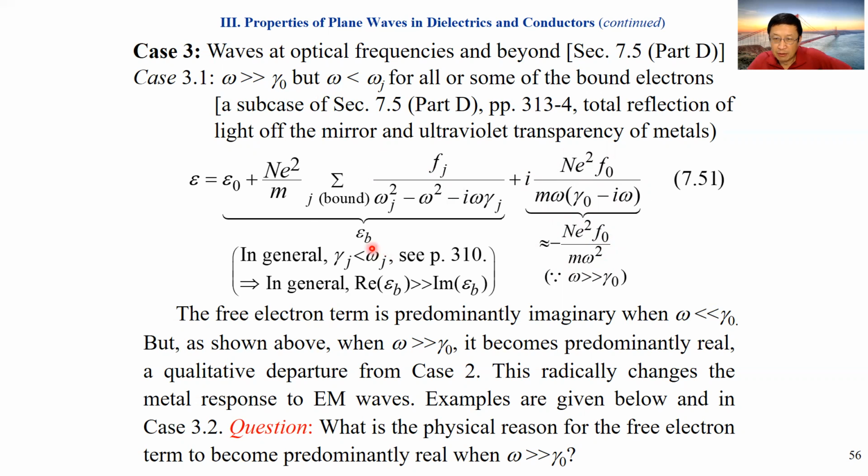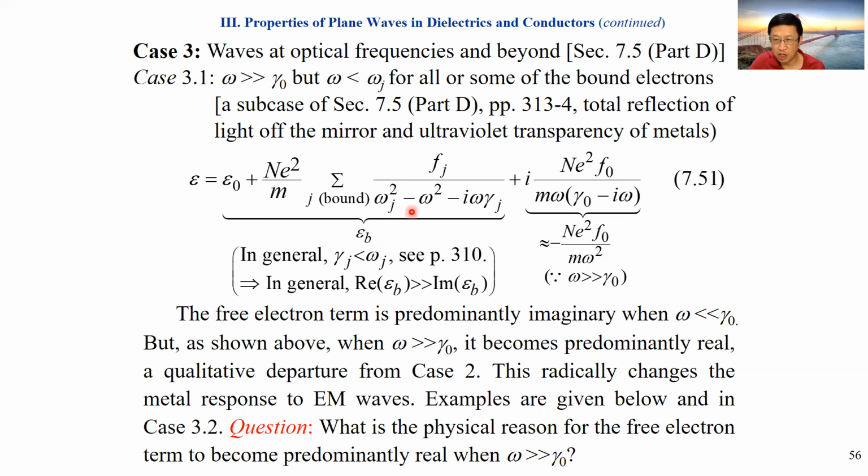Okay, how about bound charge? For bound charge, omega j is greater than omega. So epsilon B is still the bound charge contribution, for all or some of the bound electrons.